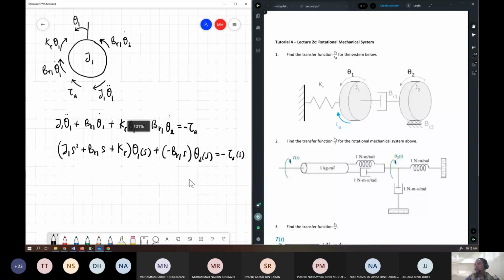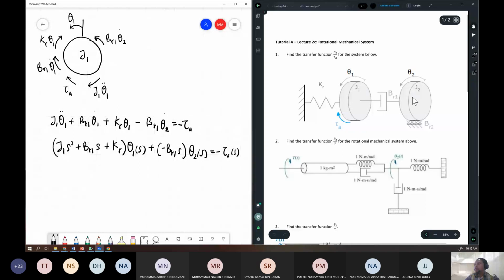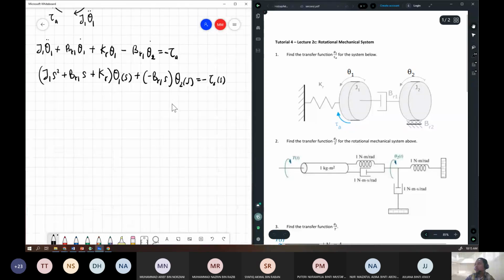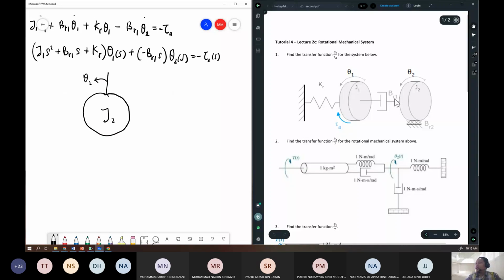Now let's look at the second body. On J2 there is a damper BR1 and a friction BR2 with the floor.